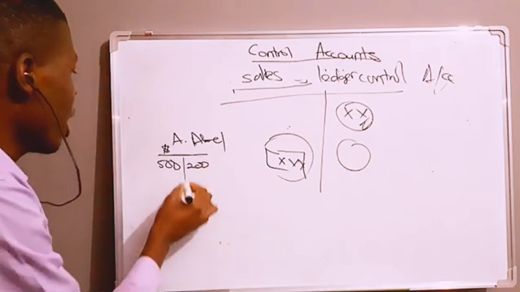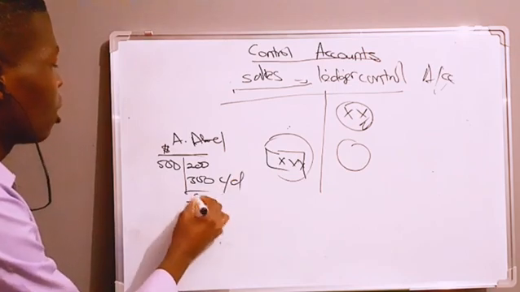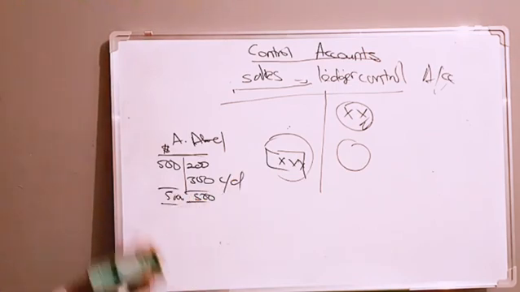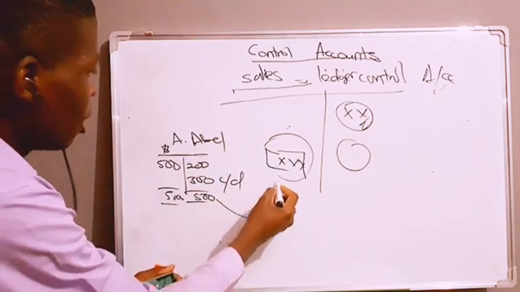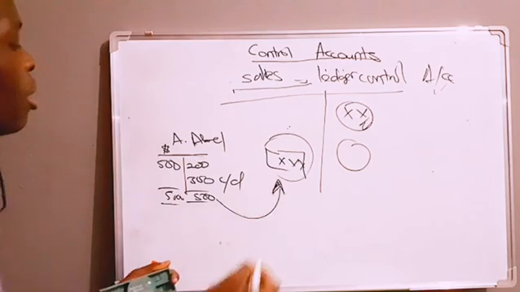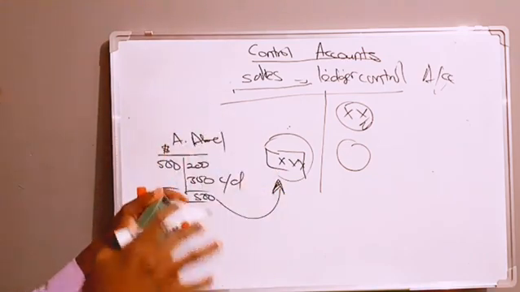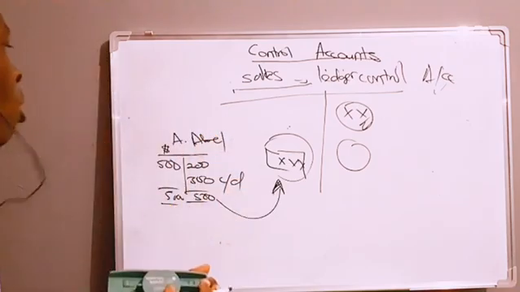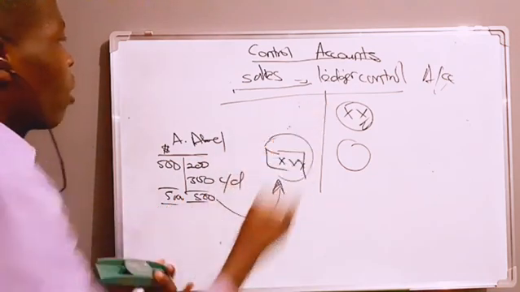Then when I get a call, hey Abel, you have 300 that is left owing, that I haven't paid, you are looking at my personal ledger account. In the control account, we record the total amount from all the ledger accounts, from Abel, Asianda, whoever they might be. That's what I record in this book.